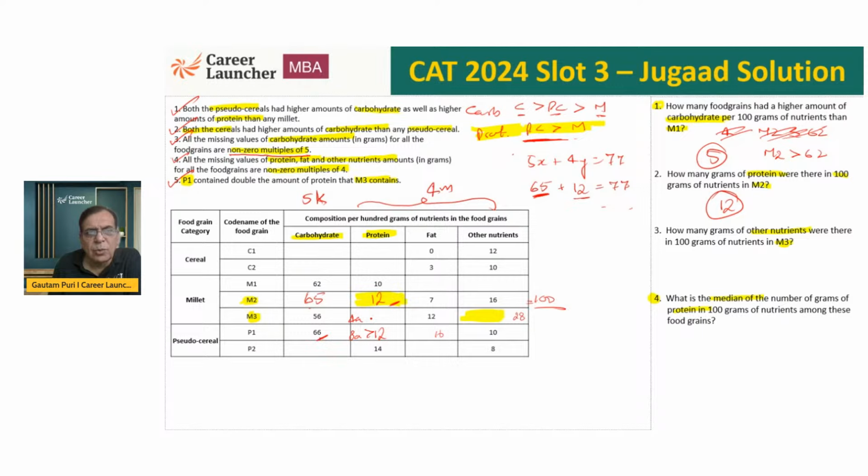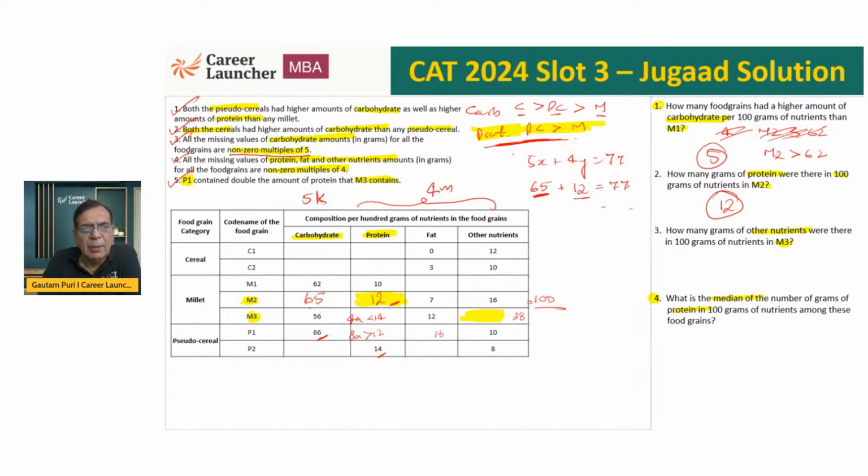And what is 4A? What will be the amount of millets? It has to be less than 14. So this has to be less than 14. Okay. So please remember the constraints are given out here. As far as proteins are concerned, pseudo cereal should be more than millet. That means 4A has to be less than 14 and 8A has to be more than 12.